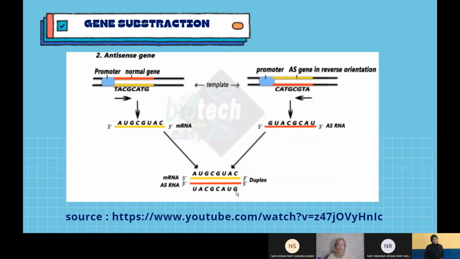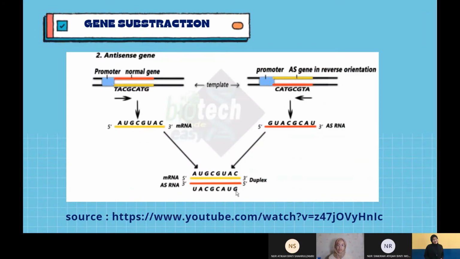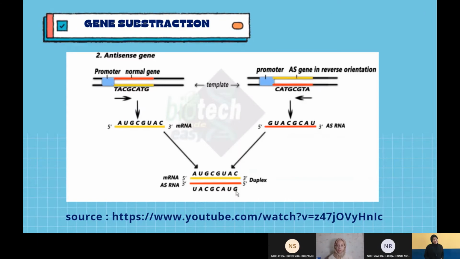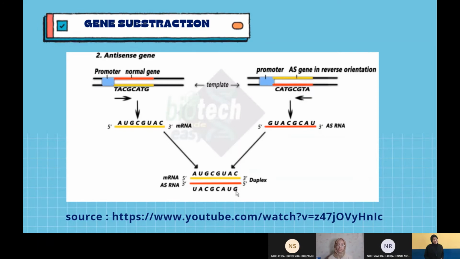As we can see here, we have the normal gene and the antisense gene in reverse orientation. In the normal gene, mRNA will be produced. In the antisense gene in reverse orientation, the antisense RNA will be produced. When these two RNAs are present in the same cell, they will form a duplex.